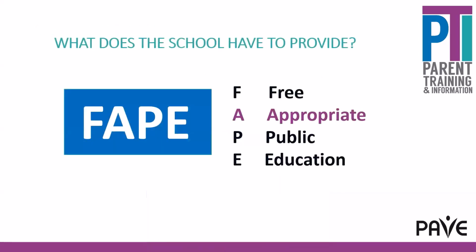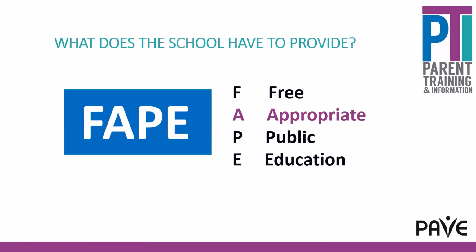IEP services meet the requirements of the IDEA when they provide a student with FAPE, a free, appropriate public education. How and where services are delivered is determined by an IEP team. In other words, the IEP team's primary goal is to figure out what FAPE means and how to deliver it for a specific student. Here's a question Pave hears a lot from parents.